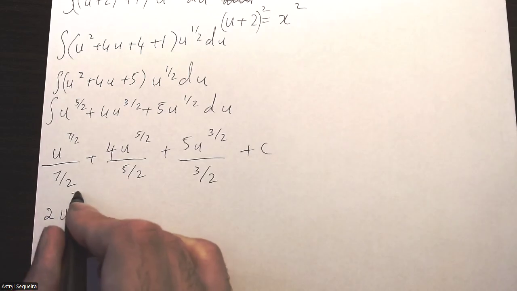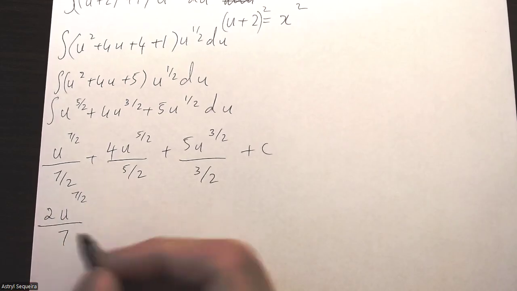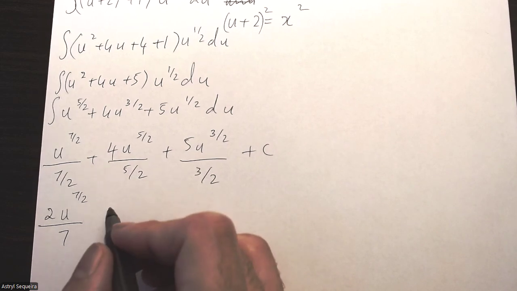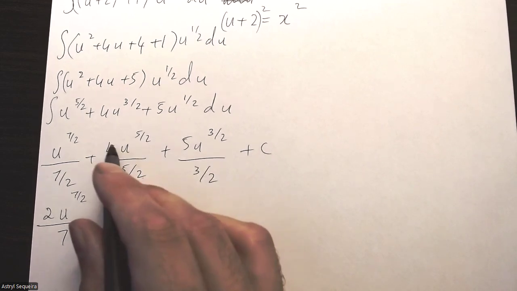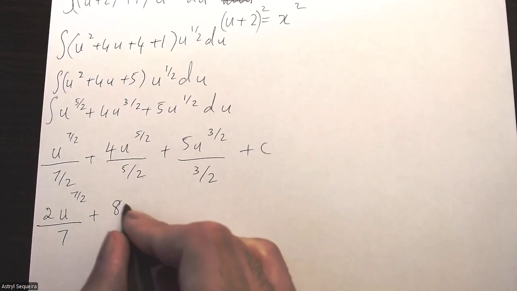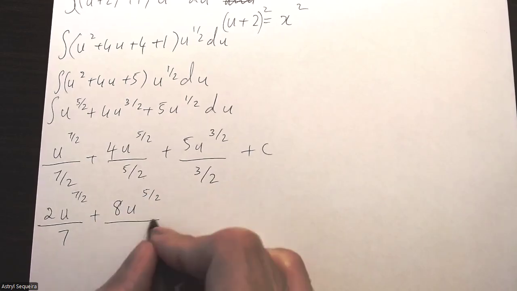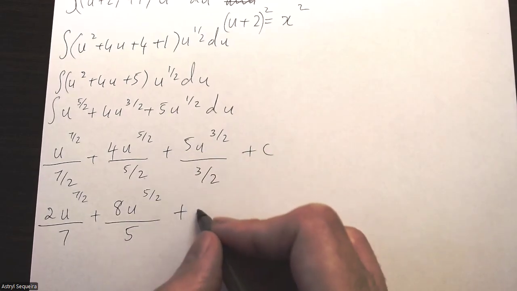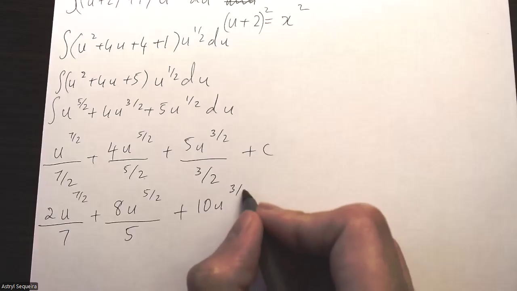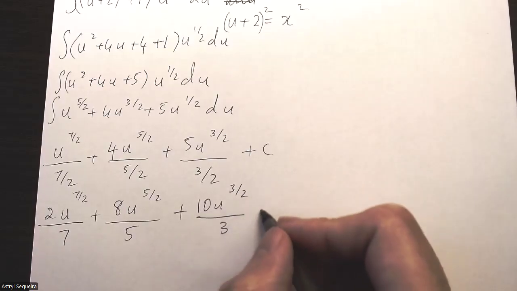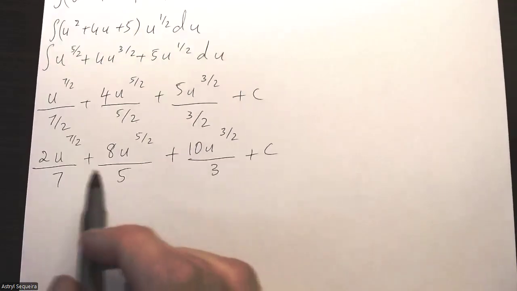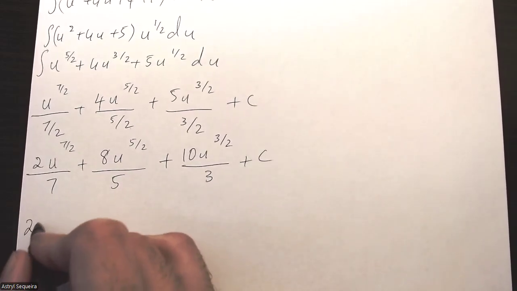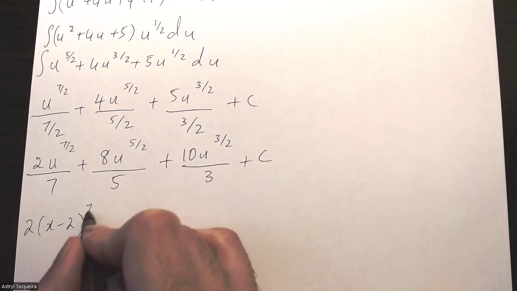So 2u 7 over 2 over 7. Over here, it's going to be 8 over 5 because I got to multiply that 2 with that 4. 8u 5 over 2 over 5. And this last one here, 2 times 5 is 10. So 10u 3 over 2 over 3 plus c. And finally, just replacing the u's back with x minus 2 as my last step.